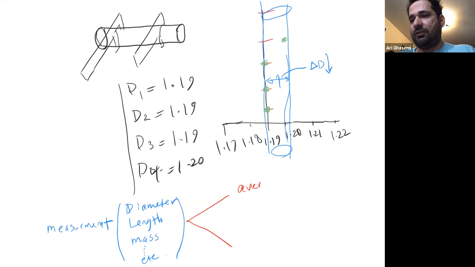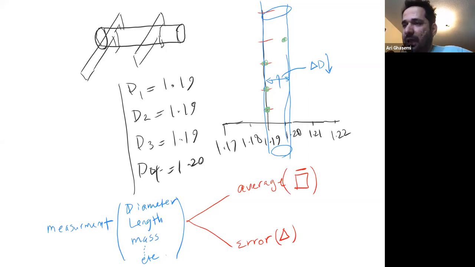But in this course, we're going to add also the error. The average is designated with the bar on top. The error is designated with delta. Now let's go to the next section.